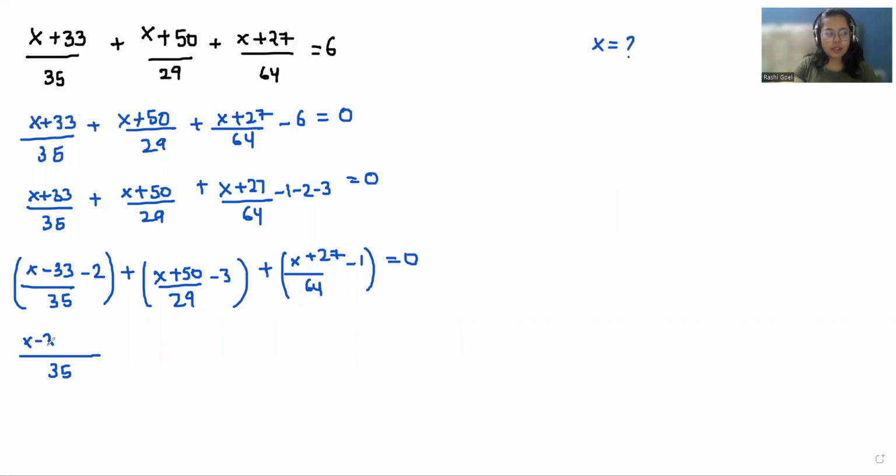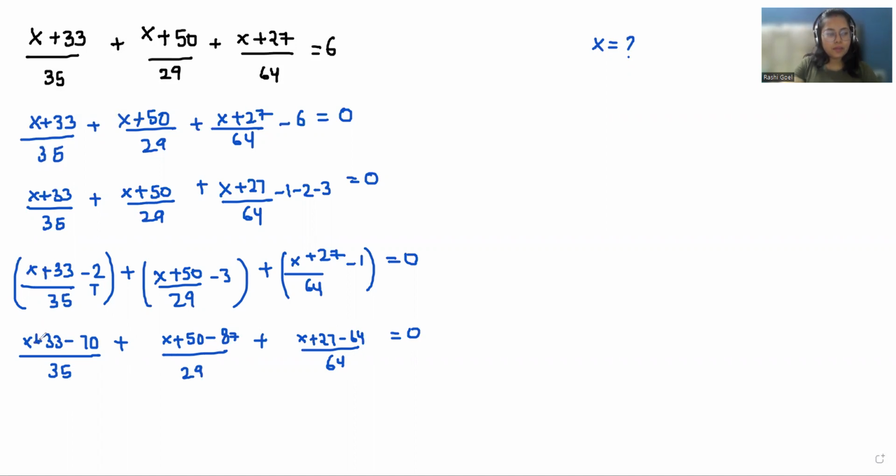So x minus 33, minus, here it is 1. So 35 times 2 is 70, plus 29. So x plus 50 minus 29 times 3 is 87, plus 64. So x plus 27 minus 64 is equal to 0.